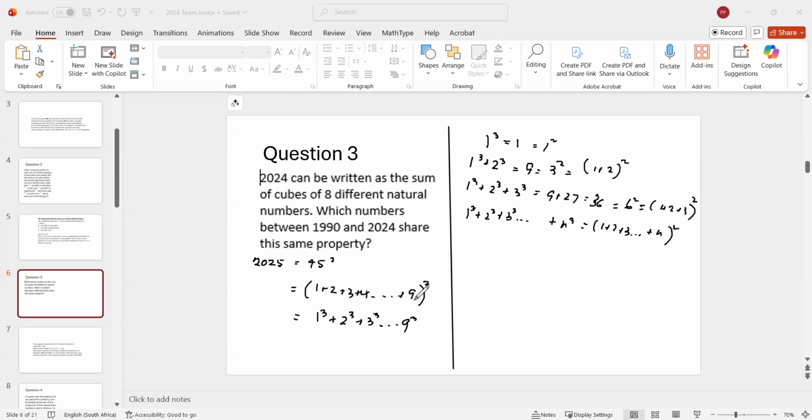So now this is the sum of cubes of 9 different natural numbers. So I want to take out one of these cubes, then I've got the sum of 8 cubes, and I want that sum to lie between 1990 and 2024.